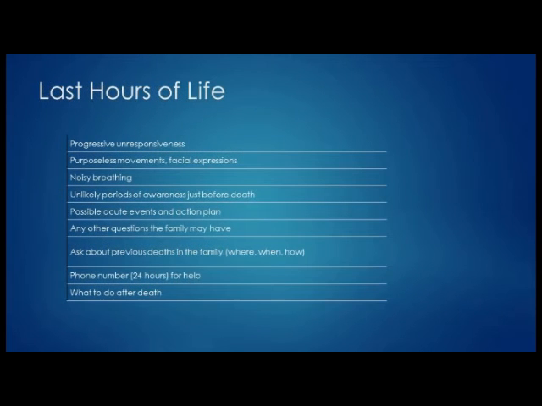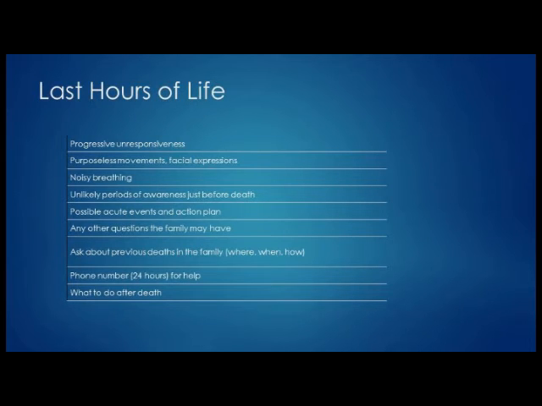This is just a slide to give family members specific things that they would expect from the patient themselves. So progressive unresponsiveness, purposeless movements, their facial expressions. Some patients will have noisy breathing. And then ask about previous deaths in the family, where, when, and how.